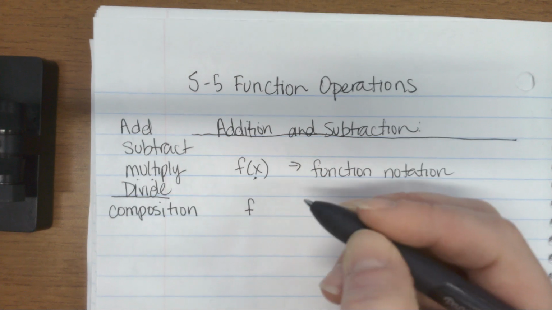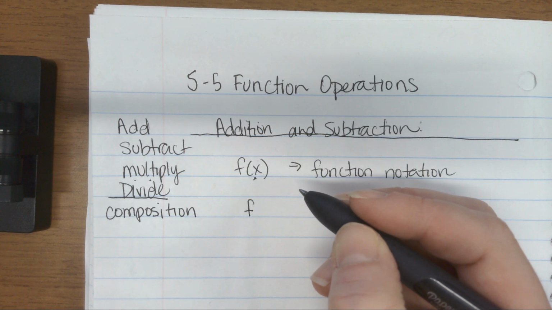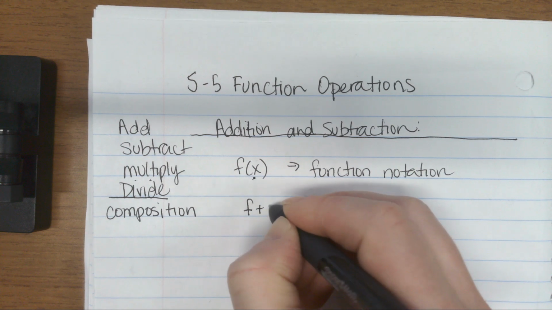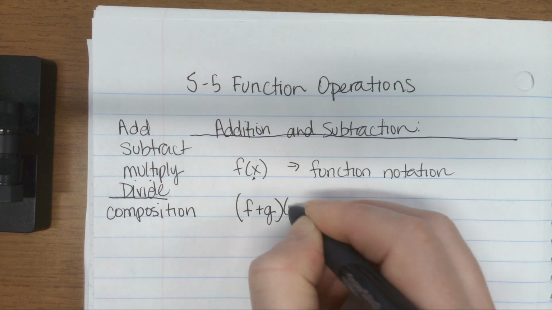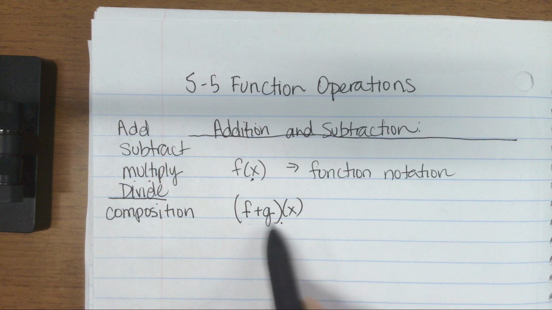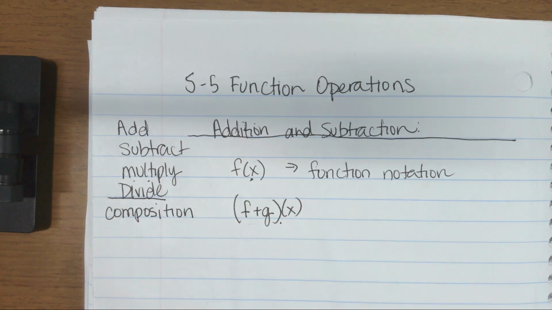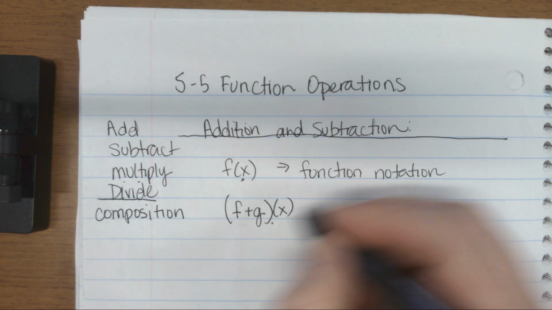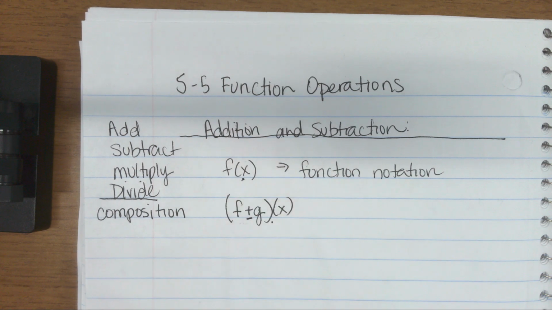The notation for addition and subtraction is going to be written one of two ways. You'll either see it written as f plus g of x, and that's not a multiplication symbol. This is telling you your new function is made up of these added, or you might see a subtraction sign.